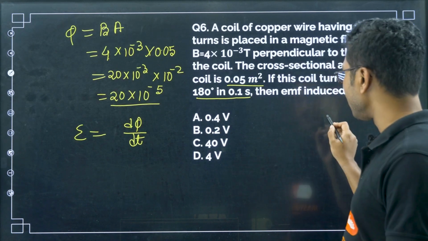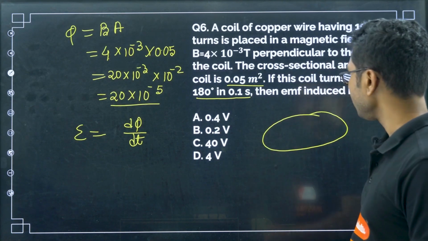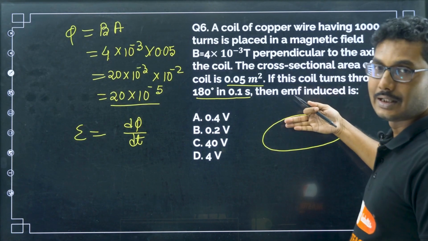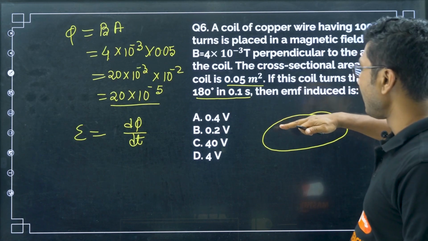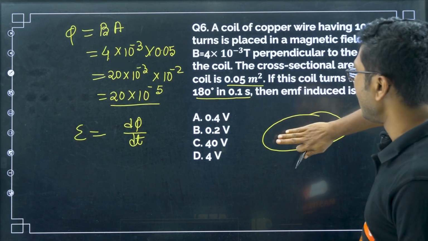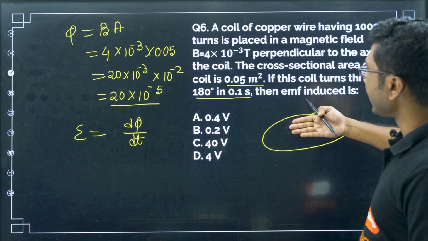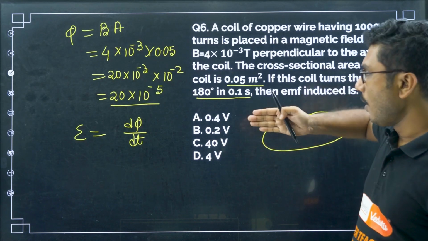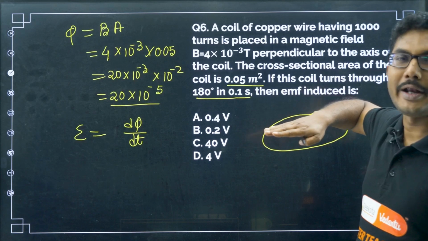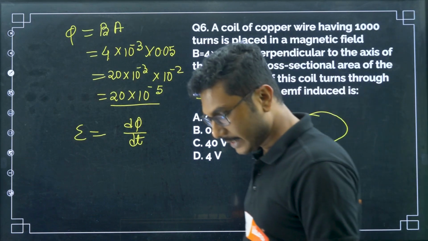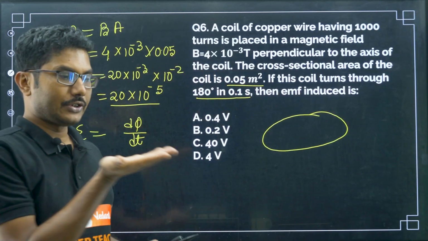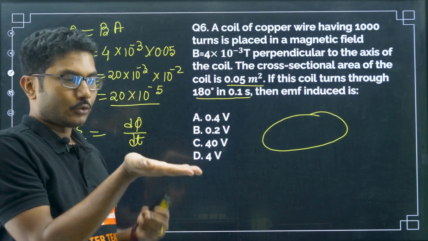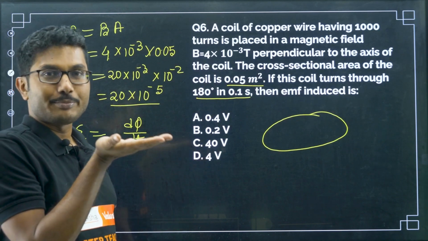180 degrees means what? Suppose this is the coil, it was like this. Now, this is 90 degrees, this is 180 degrees. So, it rotates from BA to minus BA in 0.1 second, right. Initially, total flux linked with this is BA.